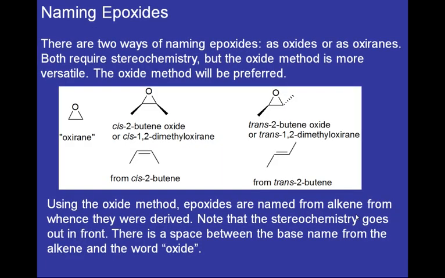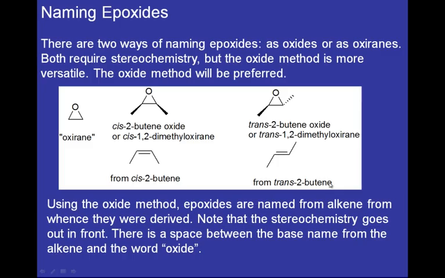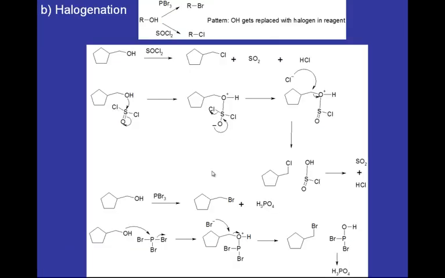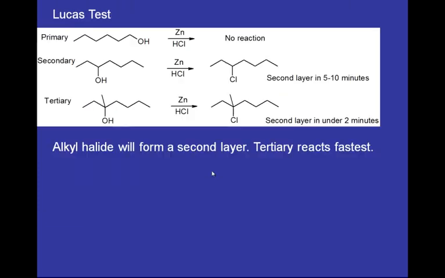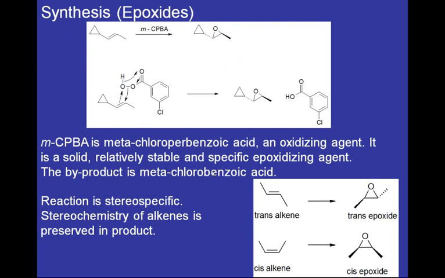The epoxides are a bit more complicated to name, and the naming is brought about by the alkene from which the epoxide is actually produced. And the reaction that we're using here to name this is this one here, where we take an alkene and we treat it with meta-chloroperbenzoic acid.